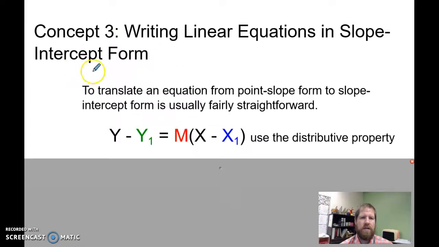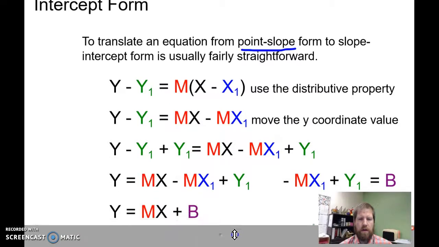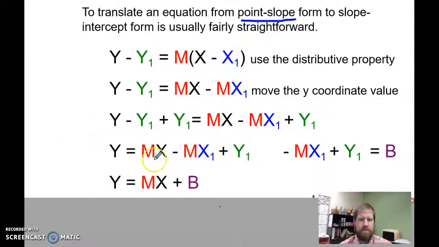The reason we are looking at the point slope form is because depending on the information you are given, sometimes it's easiest to go into point slope form and then translate from there to slope-intercept form. So the steps for that are the same every time.